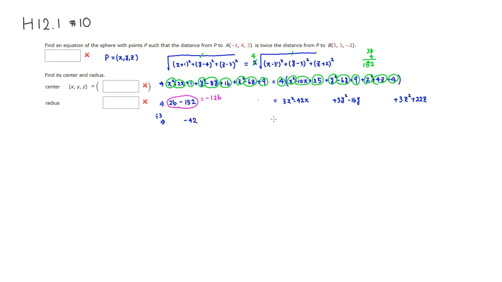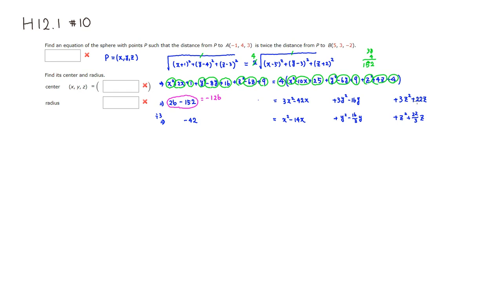Then on this side, dividing by 3, you have x squared minus 14x, plus y squared minus 16 over 3y, plus z squared plus 22 over 3z. All right, so we got that.